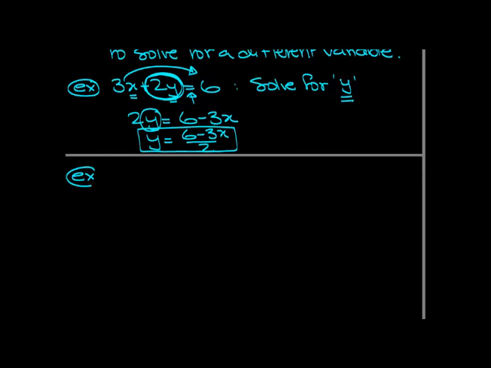Here's another example. If you have F is equal to 9/5 C plus 32. This is the classic formula that converts temperature. It's a temperature conversion formula that converts temperature from Celsius to Fahrenheit.